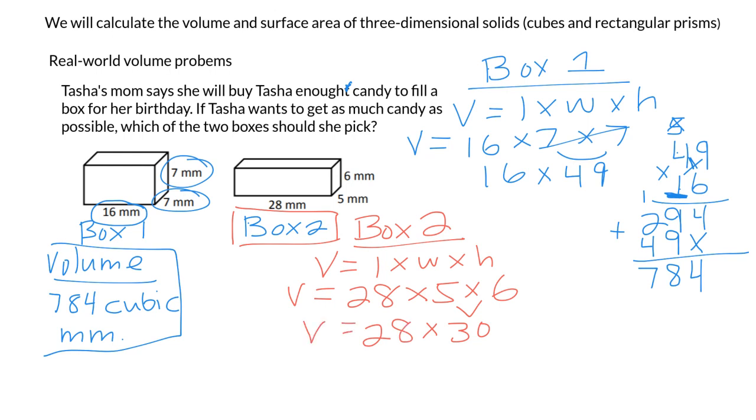Okay, now here, this is a little bit easier. And we worked on multiplying by multiples of tens and hundreds and thousands way back in September during our first unit of math. I am going to start by multiplying 28 times 3. Okay, and actually, I'm going to write that 3 right here. Sorry about that. That was not very organized of me.